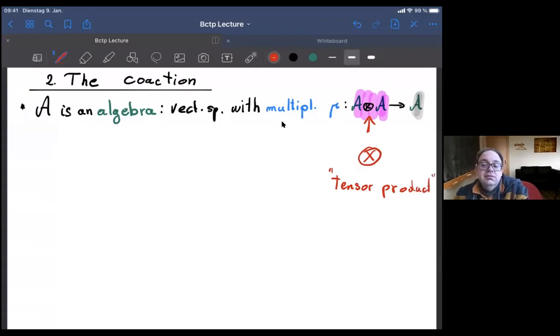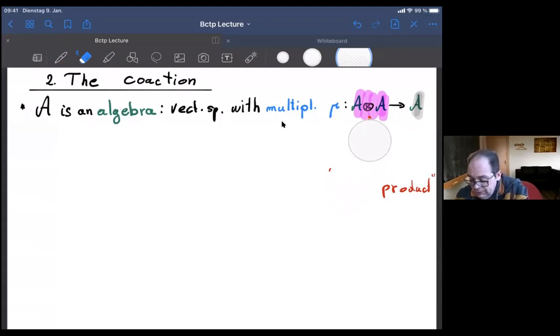Now, I'm not going to go into the mathematics of what the tensor product is. There's a whole mathematics behind it. If you want, we can go through it during the discussion session. Think of it as pairs. For the sake of this discussion, it's good enough to think of it as pairs.